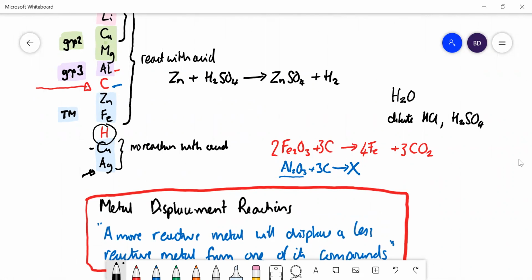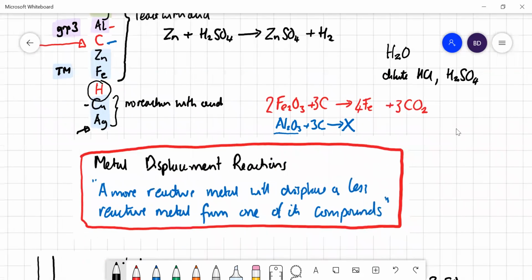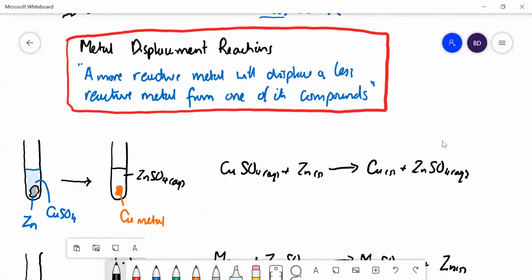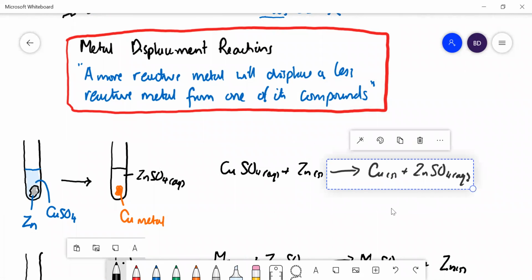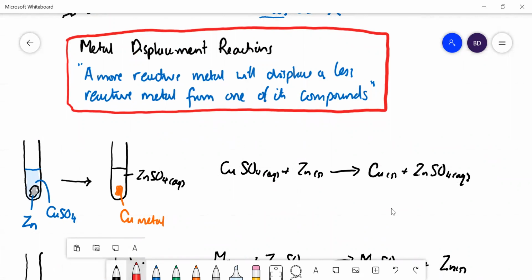If we do this reaction here, and we'll look at the reaction of metals with acids in more detail, right here I'm going to react zinc again, not with copper sulfate, but with H2SO4, which is sulfuric acid. People quite often say, "Oh look, it's hydrogen sulfate," but sulfuric acid is what it is.